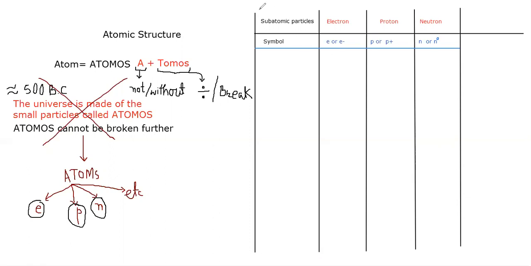Now the second line that I'm going to mention here is about their unit charge values, or comparative charge. In the books, it is also called unit or comparative charge.